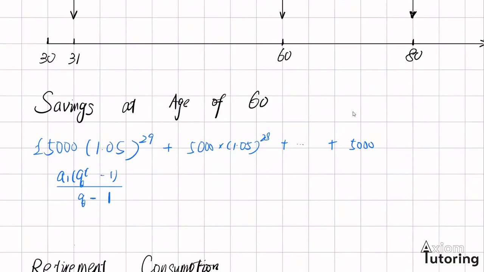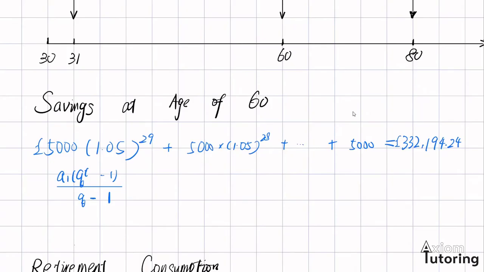The q is the common ratio here, and the common ratio here is 1.05. If we do this, we should get a number of £332,194.24. That's the total amount of savings I would have made at the age of 60.